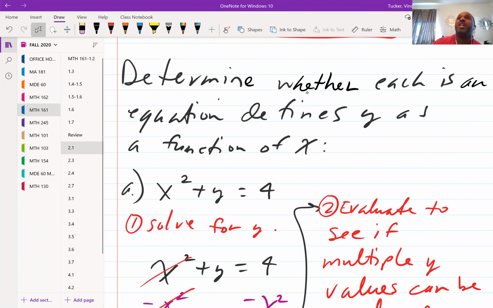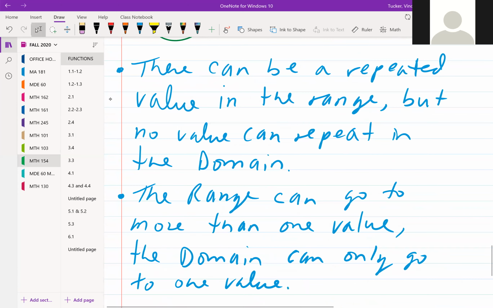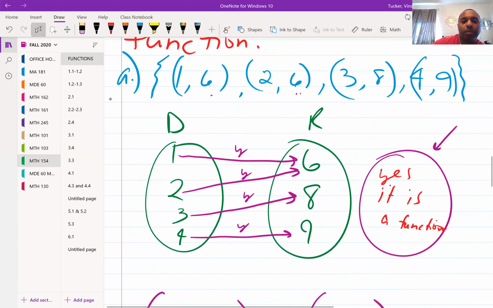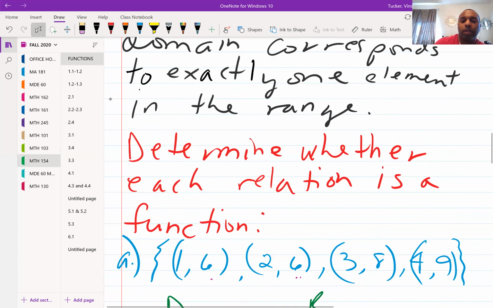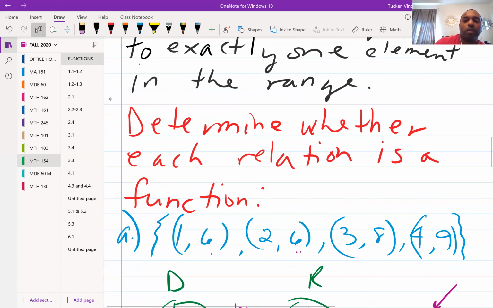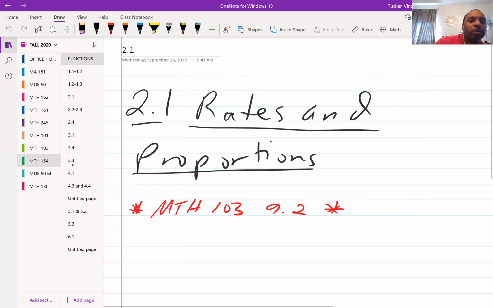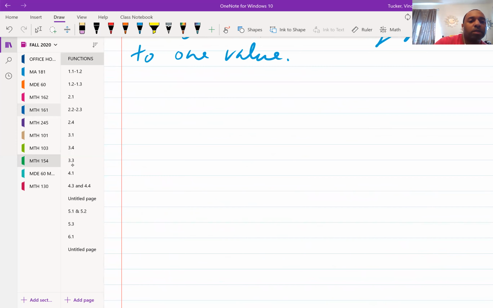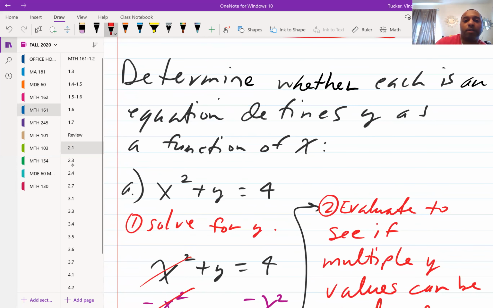Yeah, this is determining, because if you go back to what we did, let me go back to that last screen. Here we were determining whether each relation is a function. Now we're determining if this equation is a function.